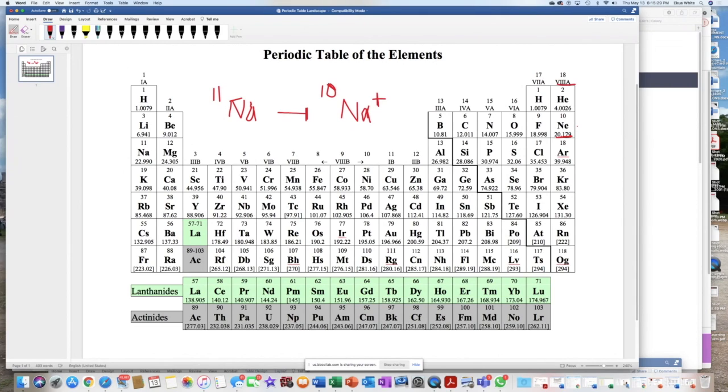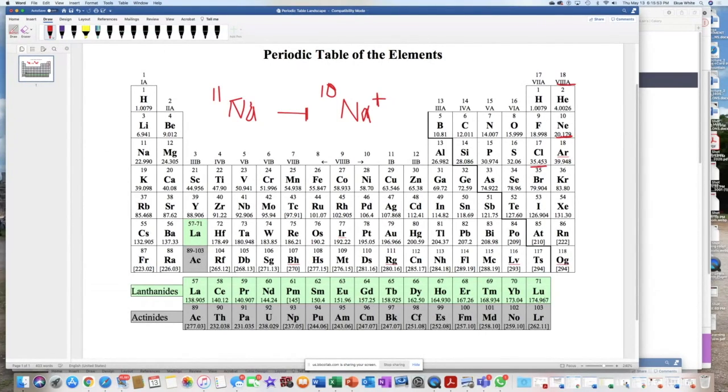So while we're here, I want to mention this. Elements achieve stability if they're going to lose electrons by either losing one, two, or three electrons, as long as losing one, two, or three gets them to have the same number of electrons as any of these group 8 elements, okay? You see where chlorine is. Chlorine is too far from neon.